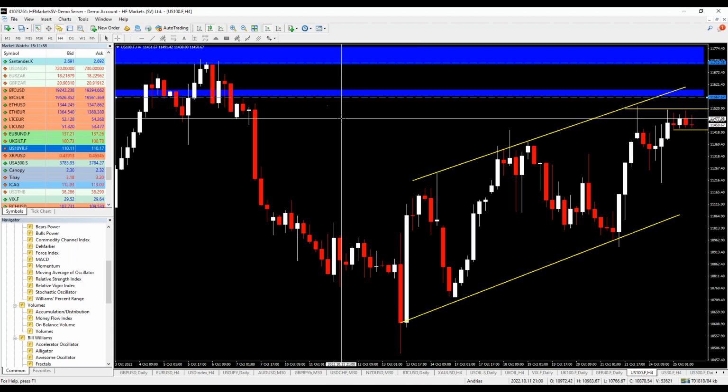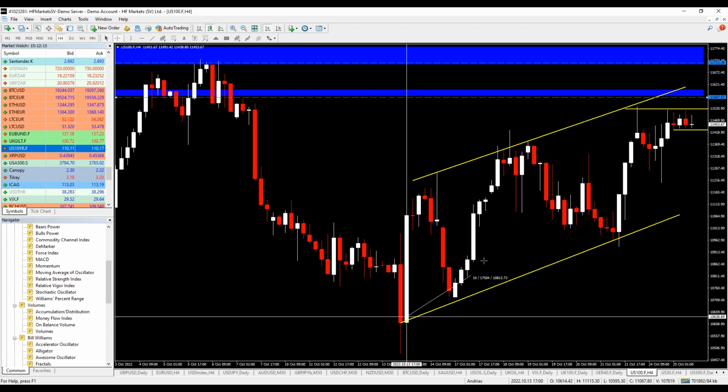You keep your mouse clicked, and there is more information it gives you. It gives you the distance, but it also gives you sessions. So from here to here, it was 47 sessions. So 47 candles.